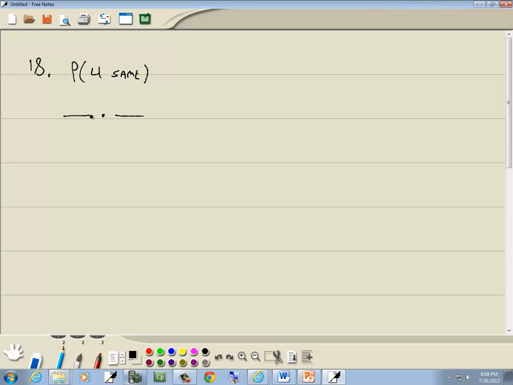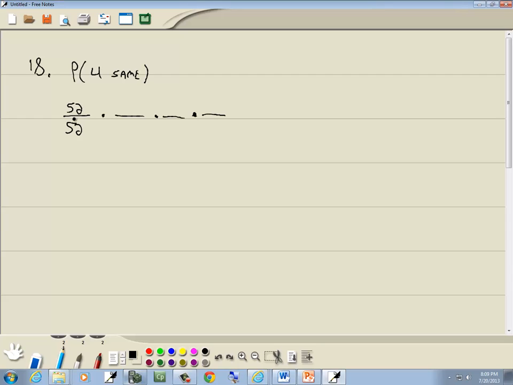Well, first one's this, and second one, and third one, and fourth one. There's an implied and between all those, so that's multiplication. Now, there's 52 cards total, and we don't specify what it can be. So it means we can pick any of the 52 cards.